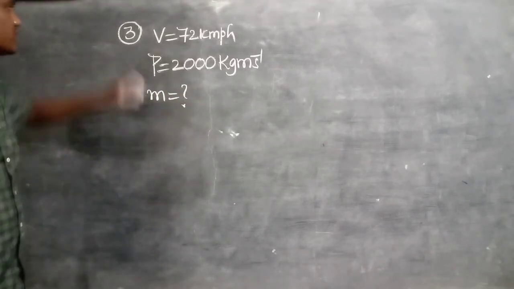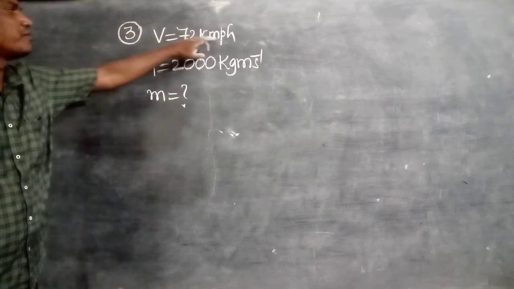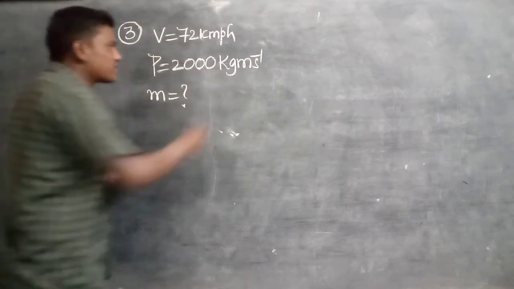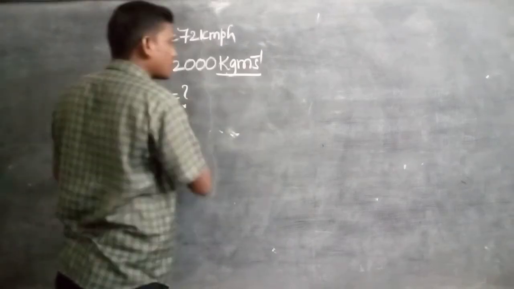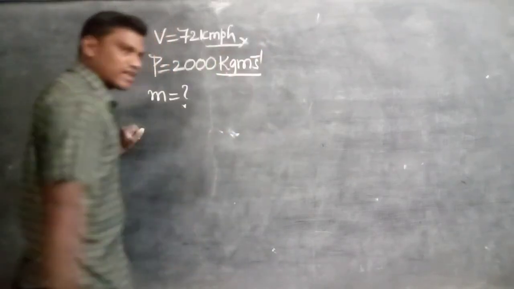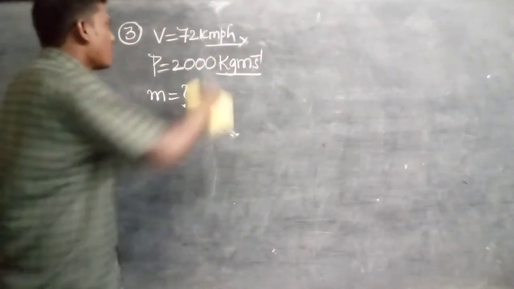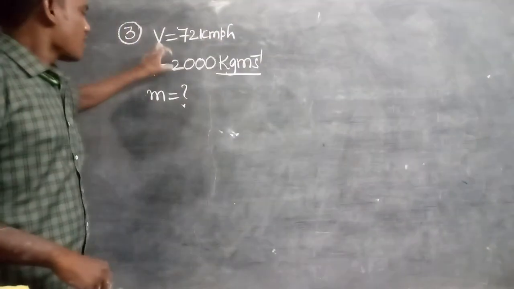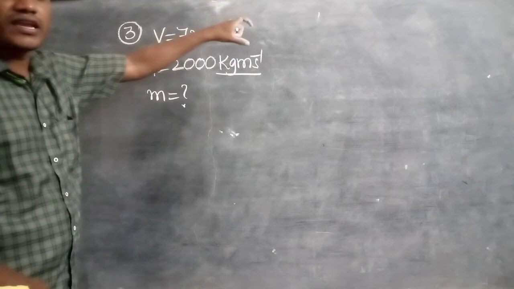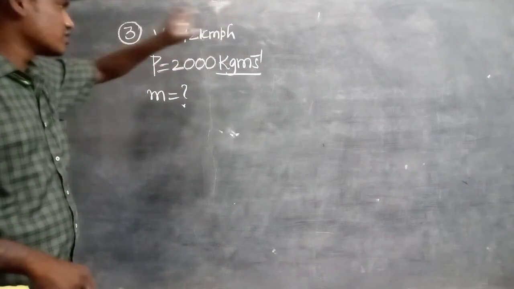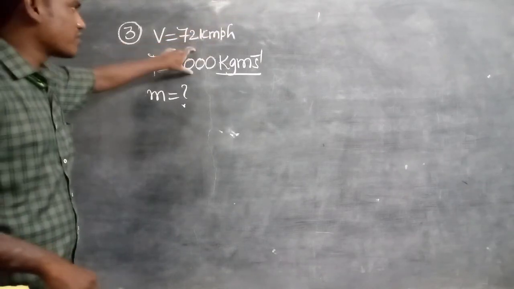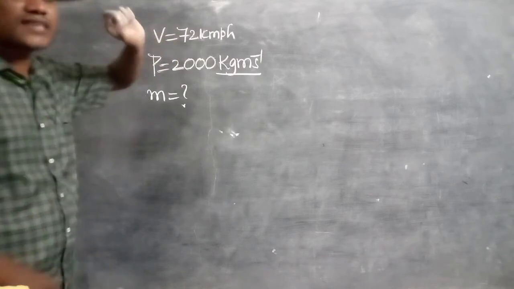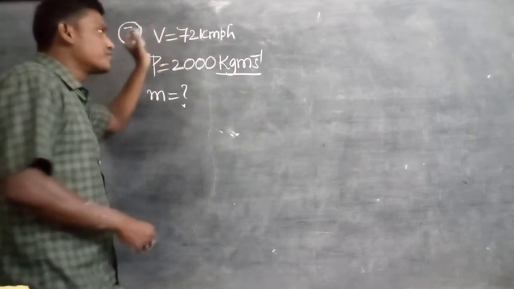Here we are observing that the velocity value is in kilometers per hour, and the momentum value is 2000 kilogram meter second power minus 1. It is the SI unit, it is not the SI unit. That's what I said already in the previous example. Before substituting the values in the suitable formula of the given numerical, first you check whether the two are in the same system of units or not.